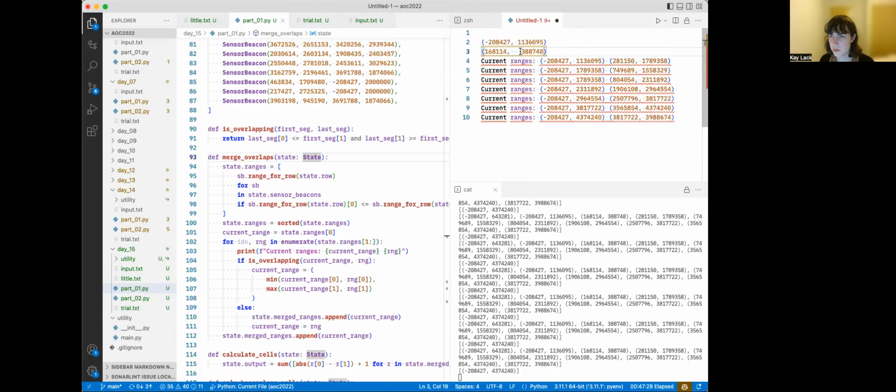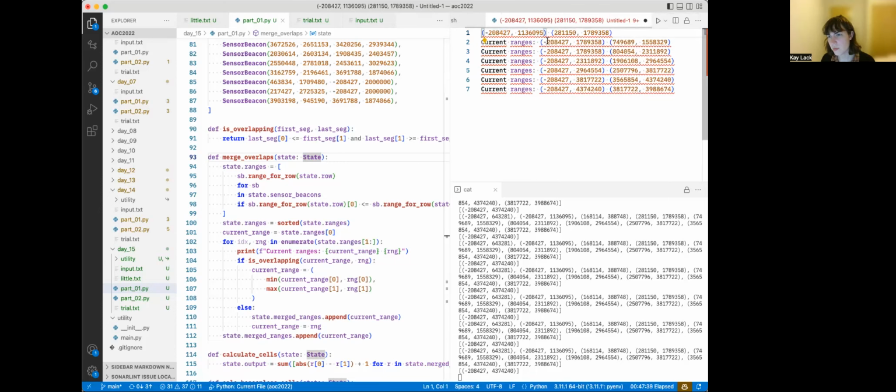Yes. So we take the maximum and the minimum. Do these overlap? Yes, they do.